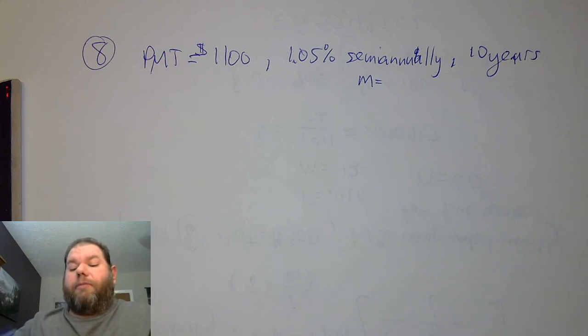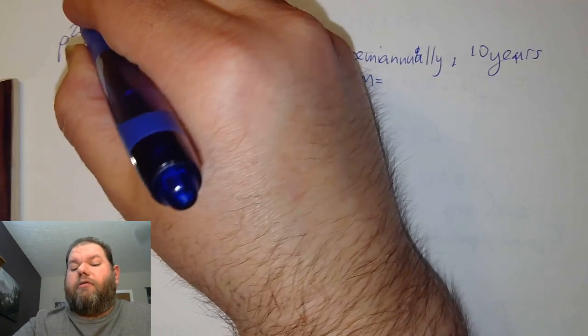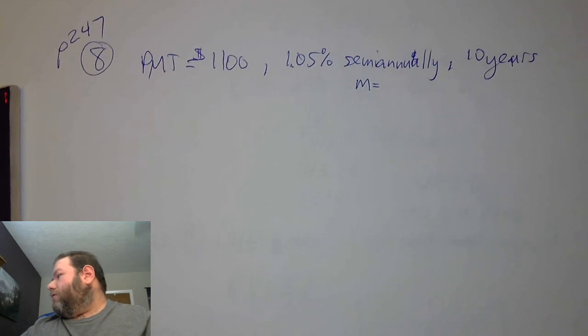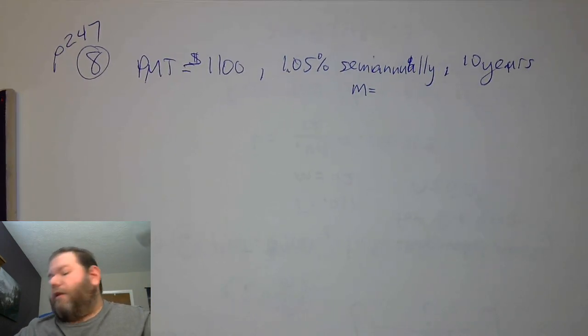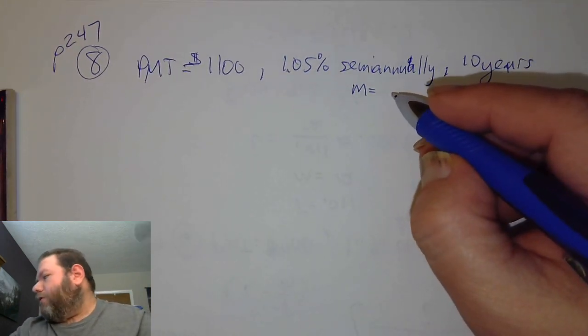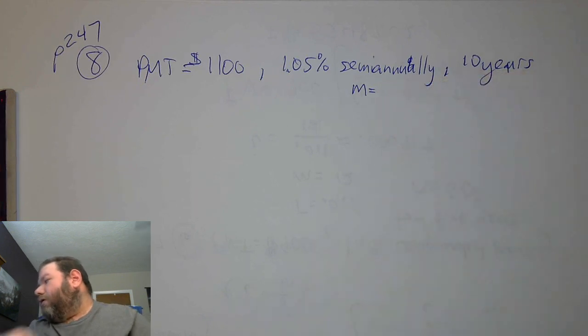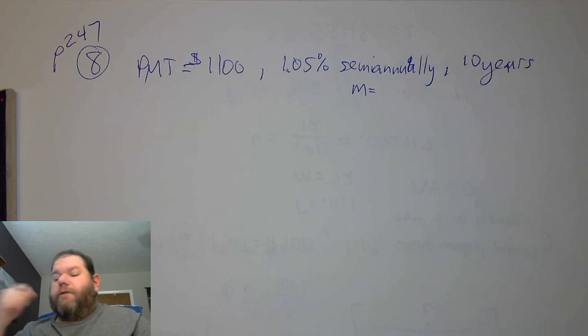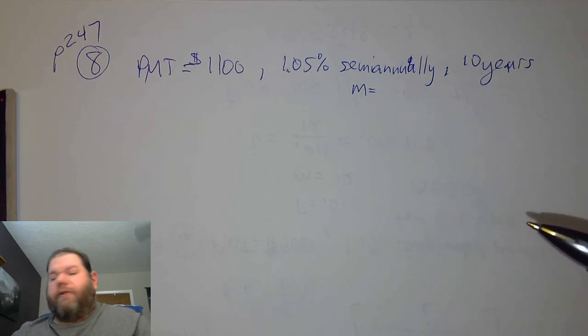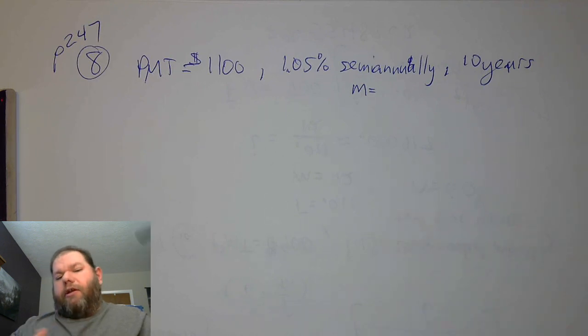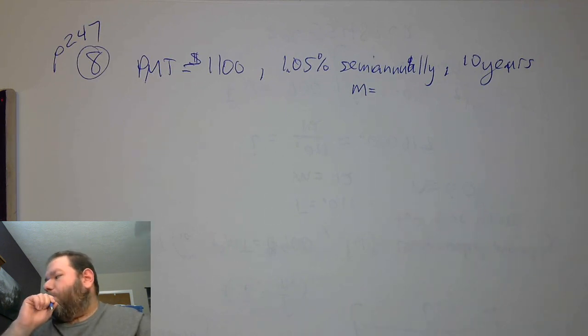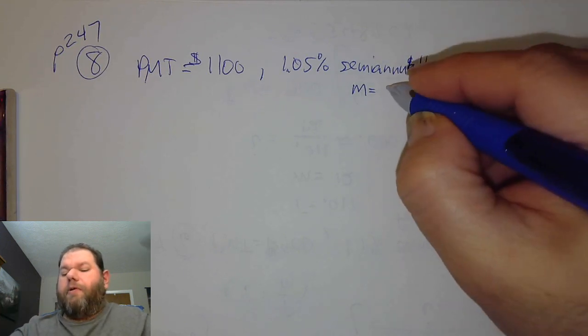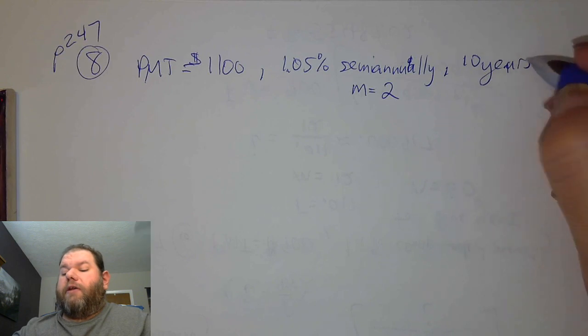Oh, still on page 247. Then after I finish this one, I'll answer Jarek's question. Semi-annually means how many deposits or how many payments are we making per year into this account. 2, good. Okay, 10 years.